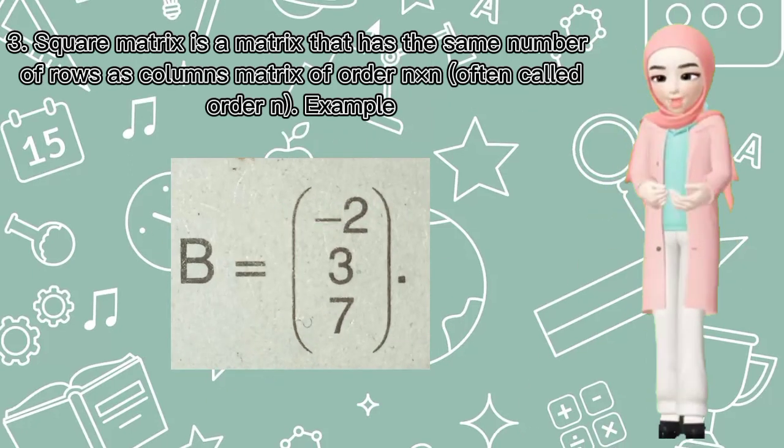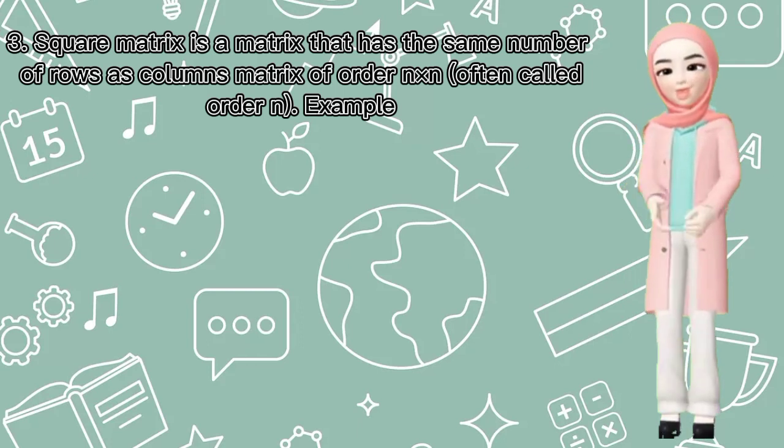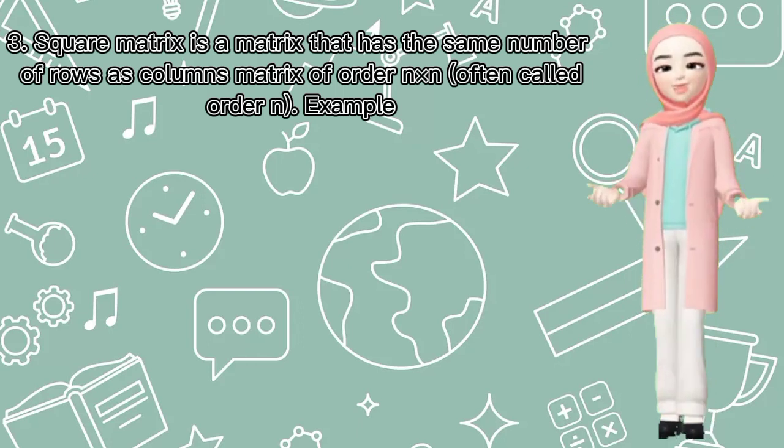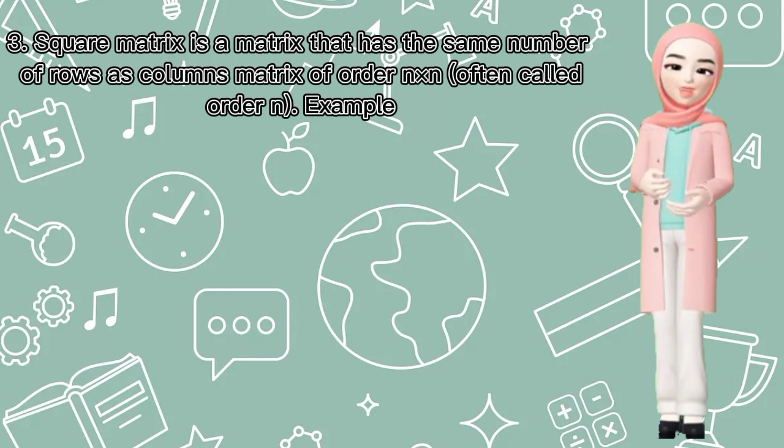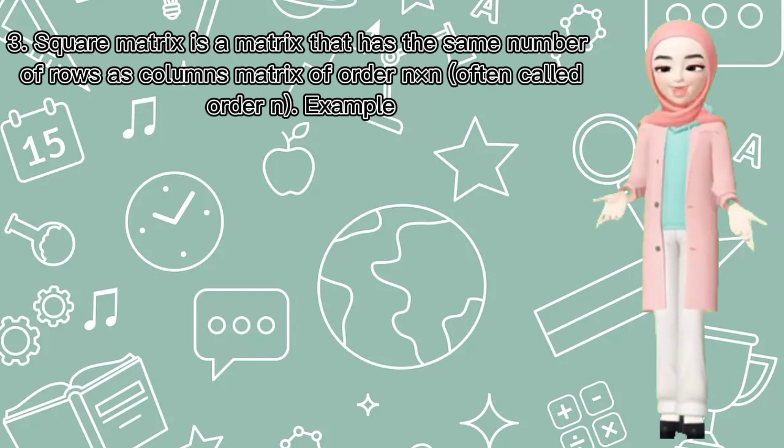Example. 3. Square matrix is a matrix that has the same number of rows as columns, a matrix of order n times n, or often called order n. Example.